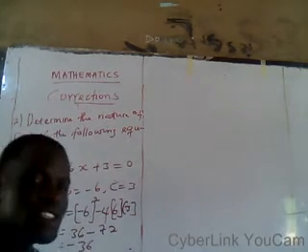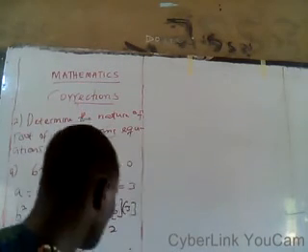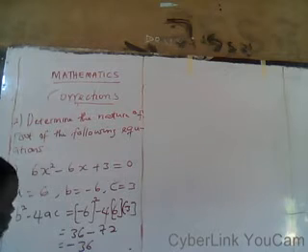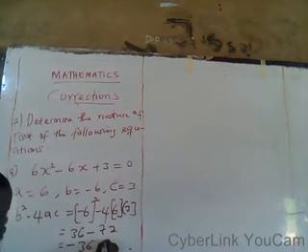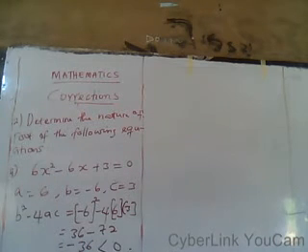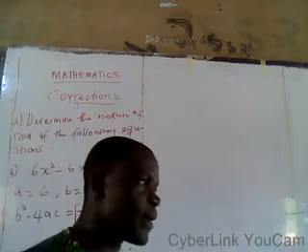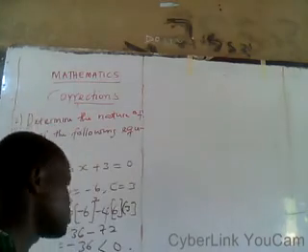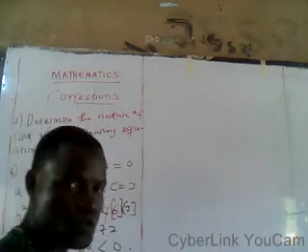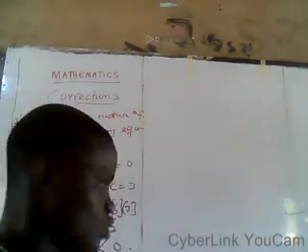And that minus 36 is less than 0. So therefore our b squared minus 4ac is less than 0, which means it has complex root or imaginary root.